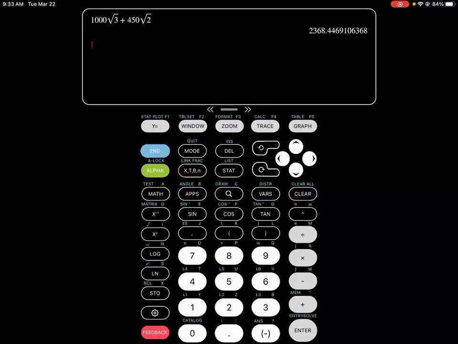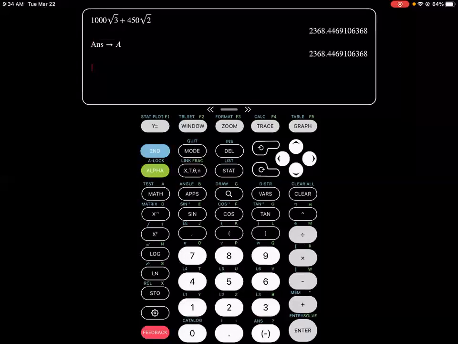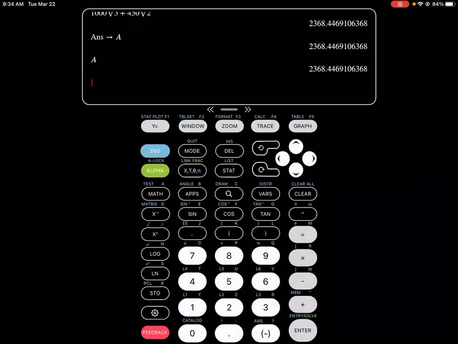Go ahead and hit enter. Do you get 2,368 and so on? You see this button right here? It says STO. That's the store button. We're going to store this in alpha A. So anytime I bring up alpha A, it's going to be that number.